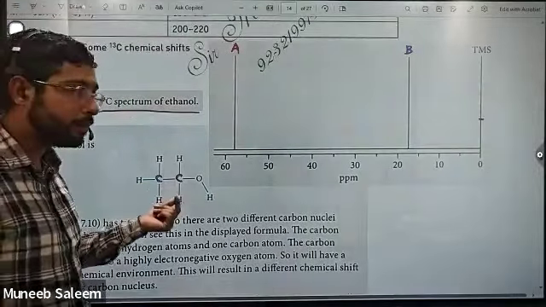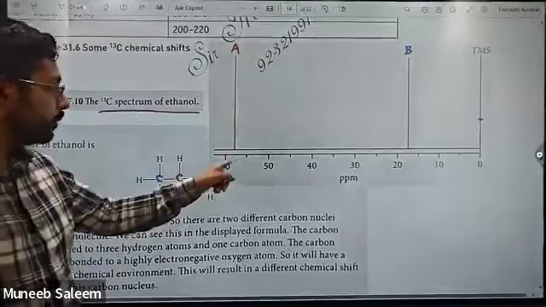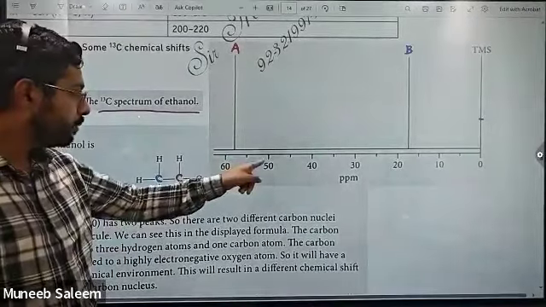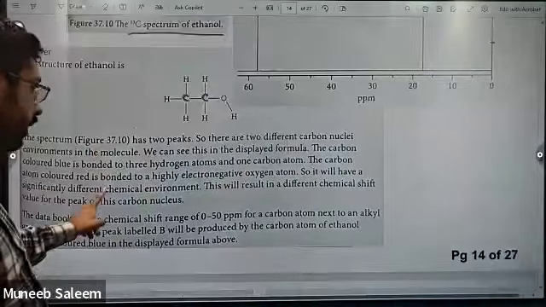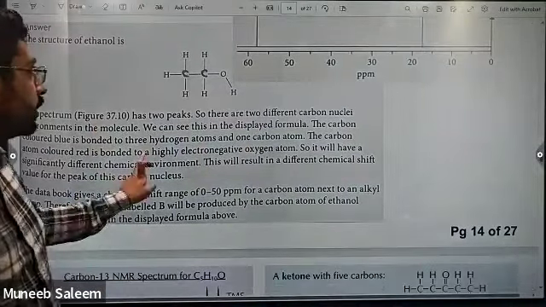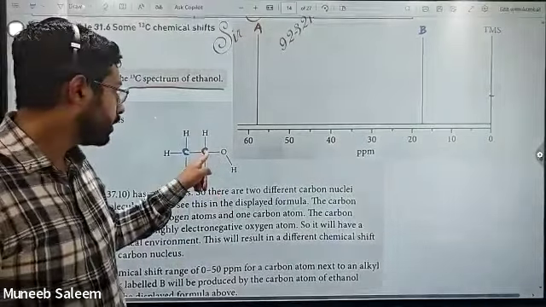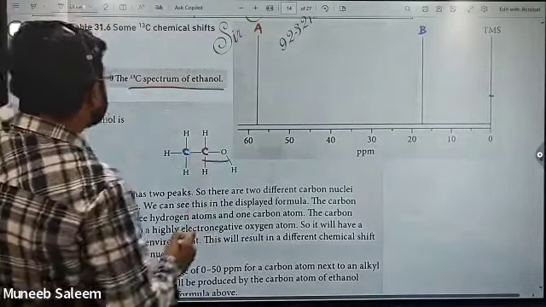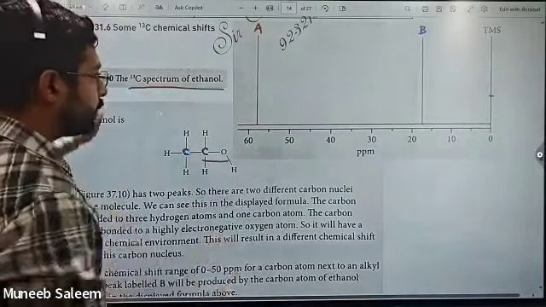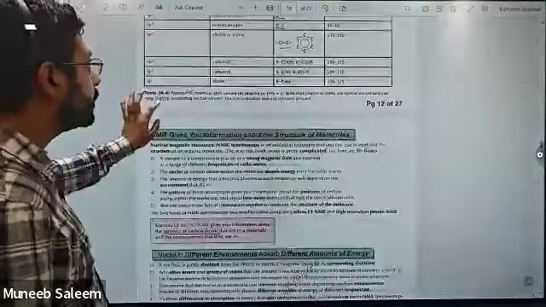Although they are colored here, we have to use the values from the table. The value between 50 to 60 ppm is basically for the carbon atom which is bonded with the oxygen. The carbon bonded directly with the oxygen must have a value between 50 to 60 ppm, which we can check from the table over here.